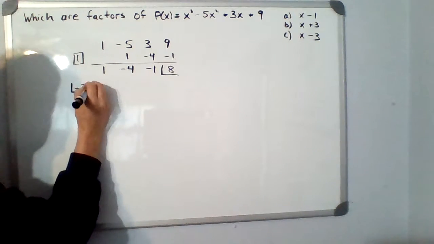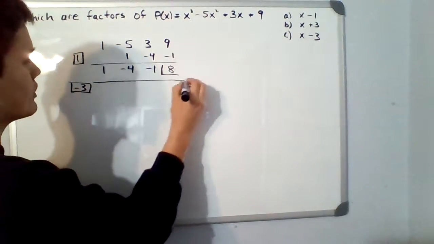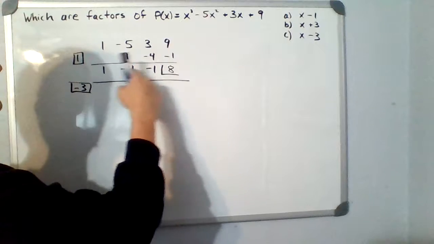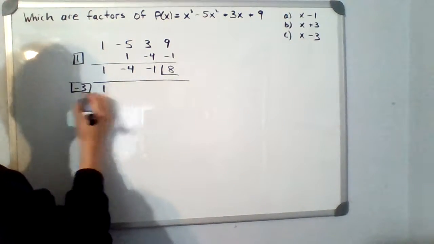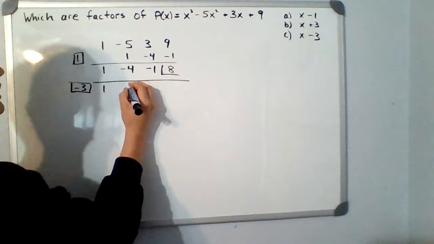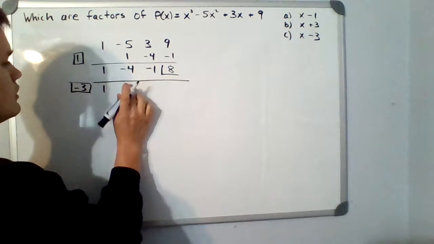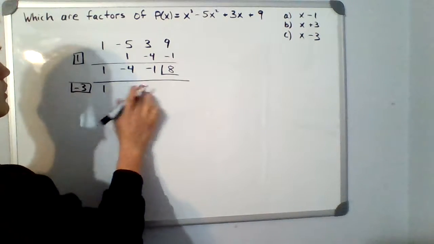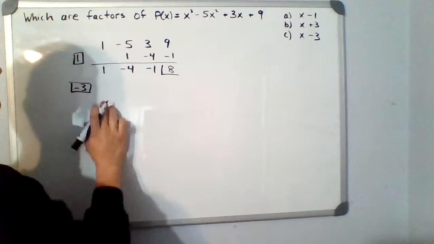So here I'm not going to rewrite the coefficients up there. I'm just going to do another one right here, and I'll ignore all these numbers here, and I'll drop that 1 here, and then 1 times -3, and I'll write that here. Wait a minute. Didn't leave myself enough room.